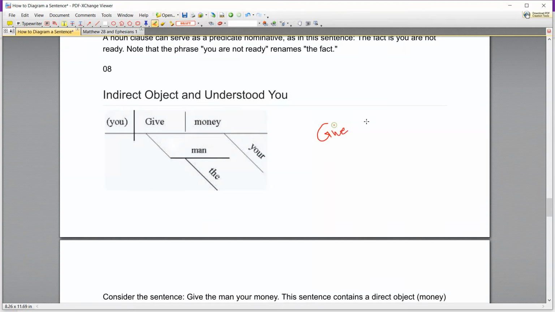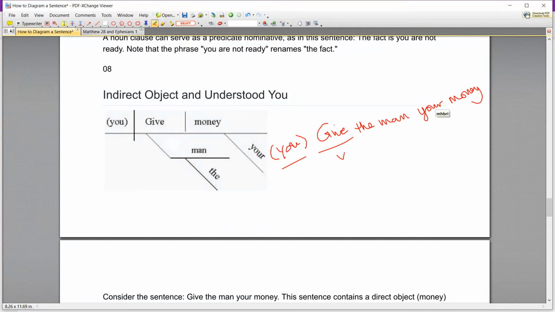Give the man your money. So give is the verb, where you is there, but it's not there. It's assumed. You give the man your money.